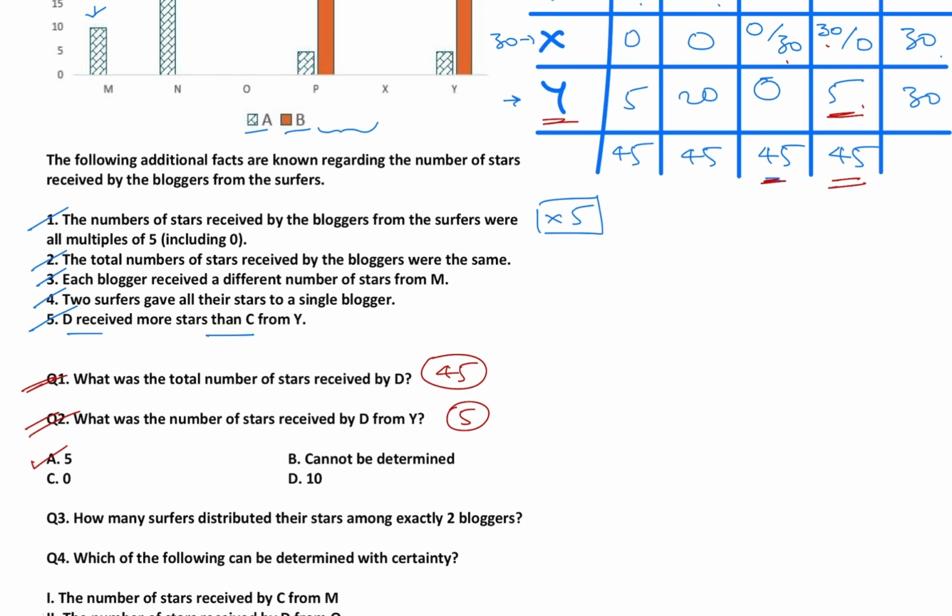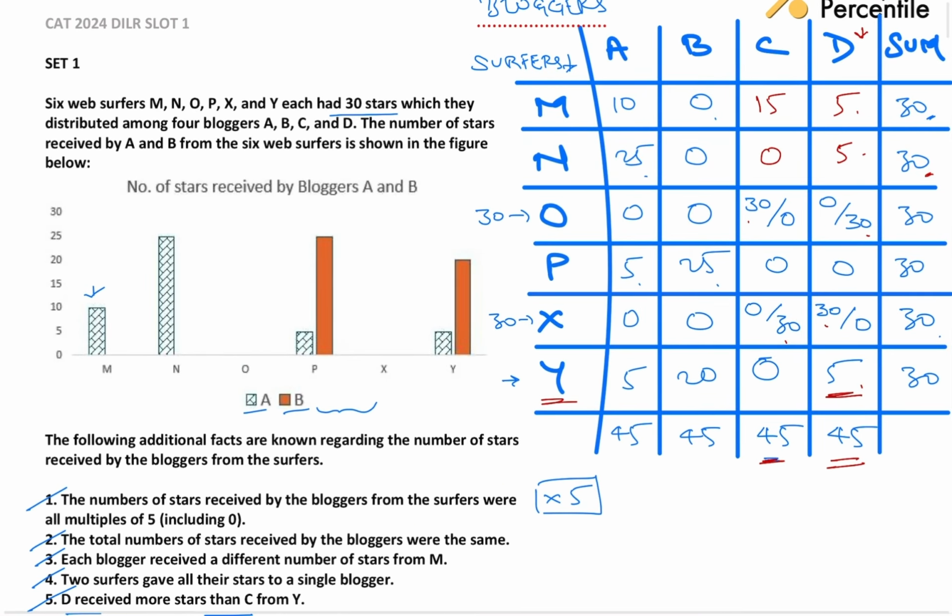How many surfers distributed their stars among exactly 2 bloggers? Okay, so M gives out stars to 3 bloggers, so it can't be M. N gives out stars to 2 bloggers, which is 25 and 5, so I have N. O gives out stars to only 1 blogger. You can see if this is 30, it will be 0.